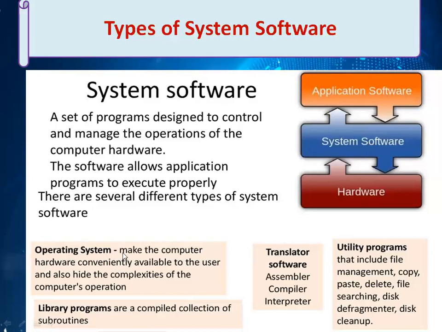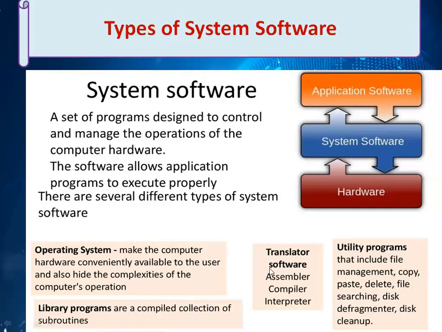The operating system is the major and most important type of system software. It makes the computer hardware conveniently available to the user and also hides the complexities of the computer's operation. Then we have library programs, which are a compiled collection of subroutines.